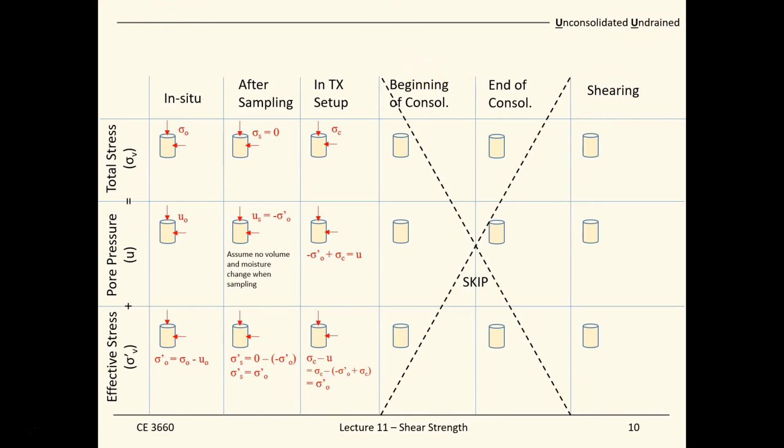The consolidation stage will be for the advanced tests that we discussed in the previous slide. So the soil sample, under the applied cell pressure, is ready to shear. During the shearing stage, we apply the deviatoric stress, and then we can find our sigma 1, and plot this sigma 1 versus axial strain curve.